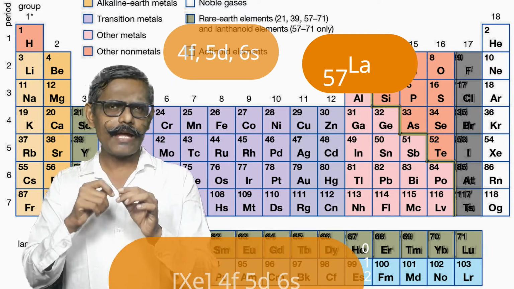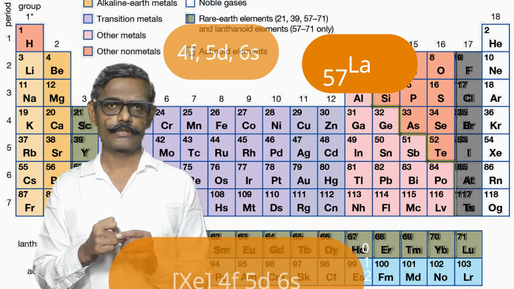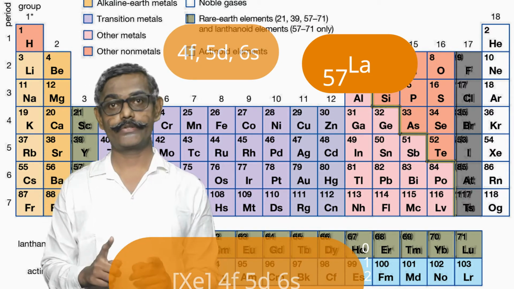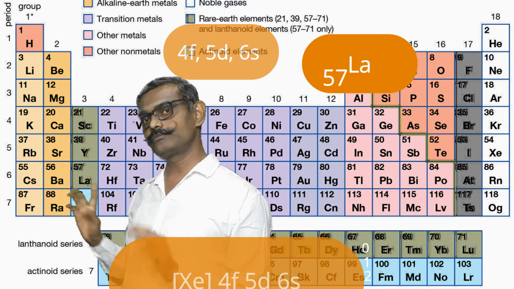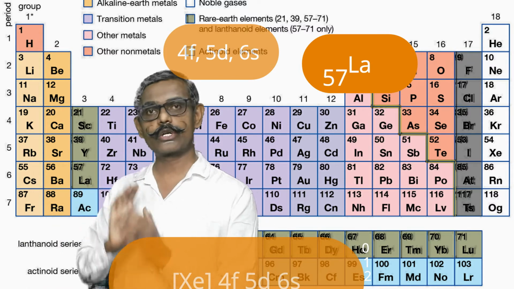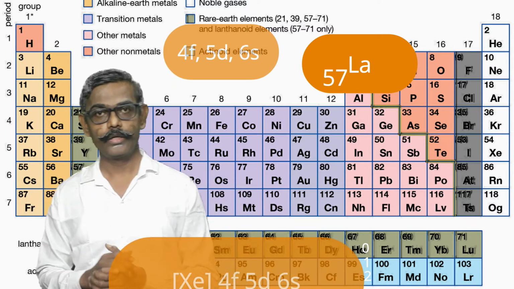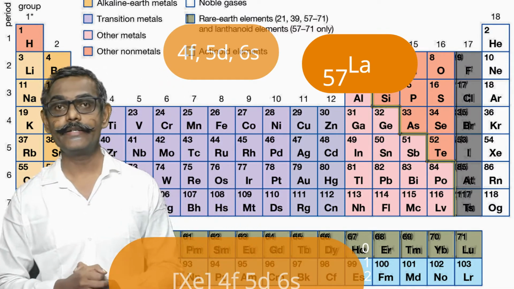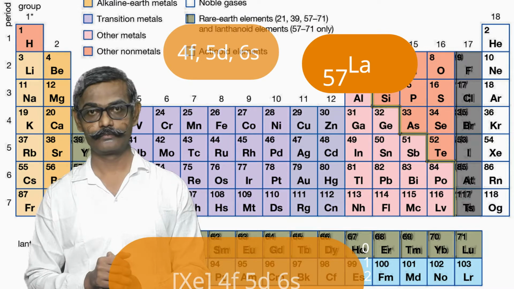See, as the atomic number changes, the energy level also changes. Up to barium, we can consider the 6s orbital suitable. Now the next element, atomic number 57, that is lanthanum.